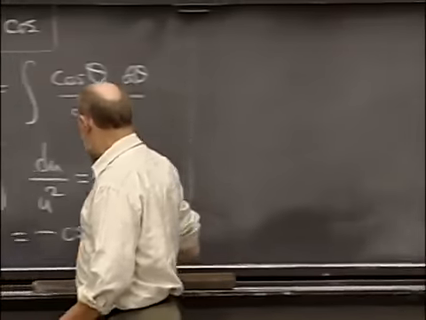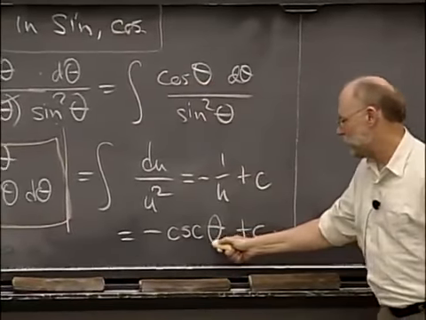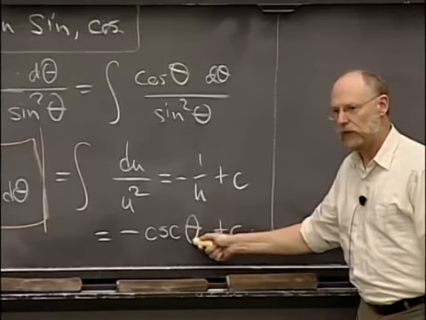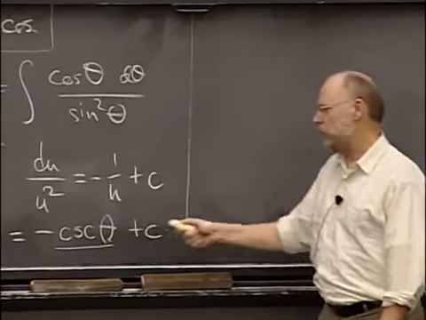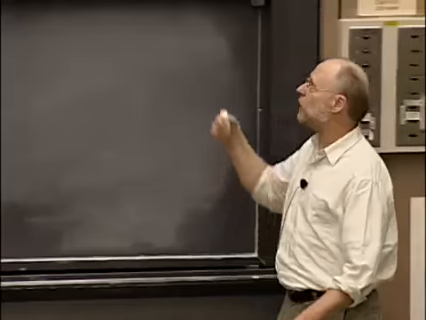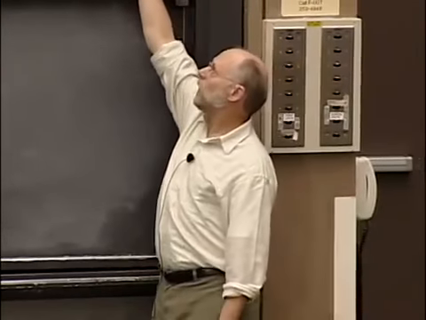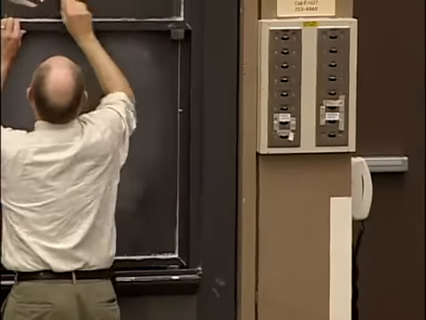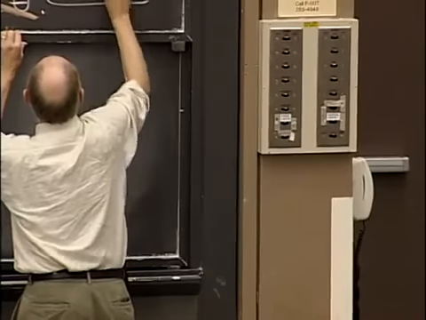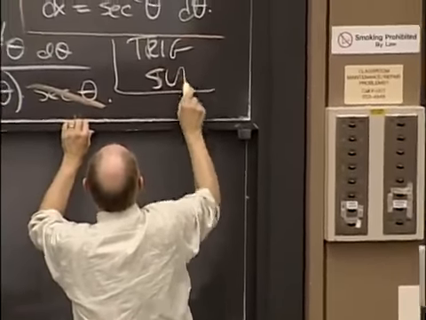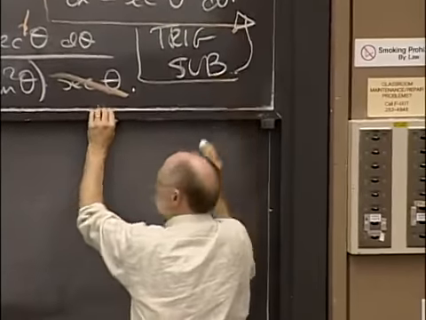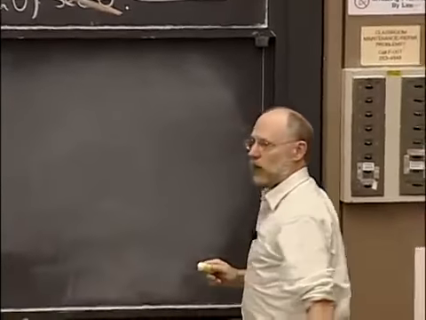So what I want to talk about right now is how to rewrite a trig term like this back in terms of x. I want to undo this trig substitution. This is a trig sub, and I'll show you a general method for undoing trig substitutions.